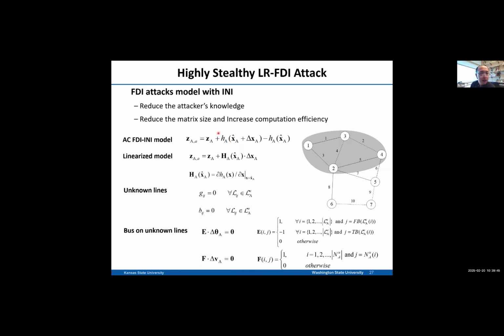The benefit is that it reduces the attacker's knowledge, and it also reduces the matrix size and can increase the computation efficiency. But in this model, we don't know the optimal delta X values. We will formulate a low rank attack to determine the optimal delta X values.